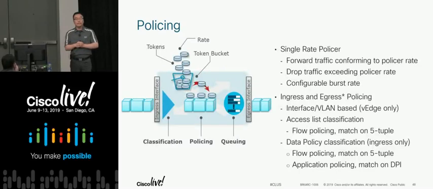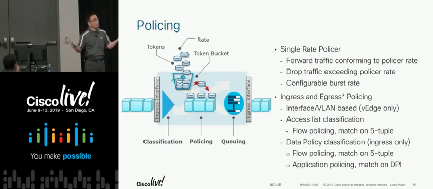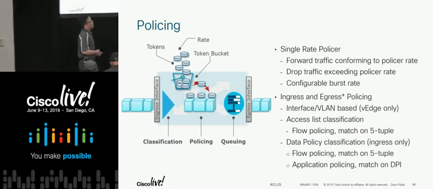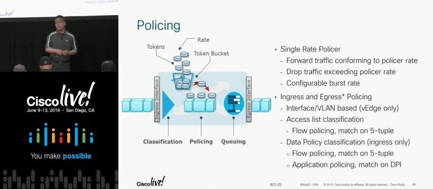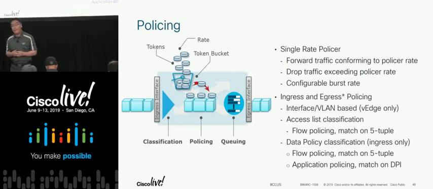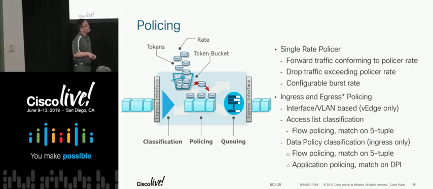Policing. SD-WAN implements a very simple single-rate policer. The conformed traffic will be forwarded. The exceeded traffic will be dropped. The policing is supported in the ingress and egress direction. We said the interface and VLAN-based policing is only a vEdge specific feature, not supported on XE-SD-WAN.